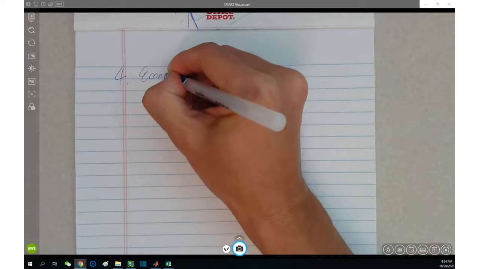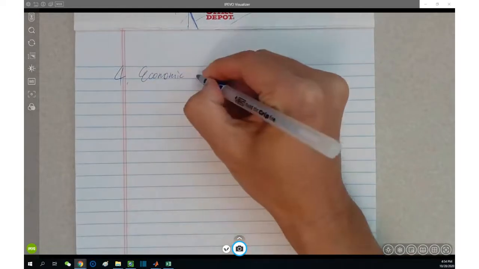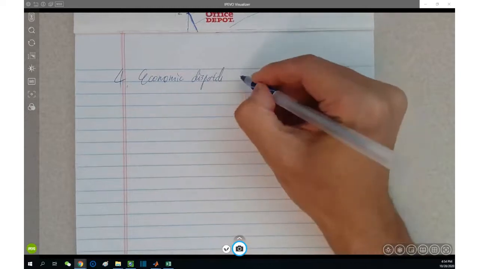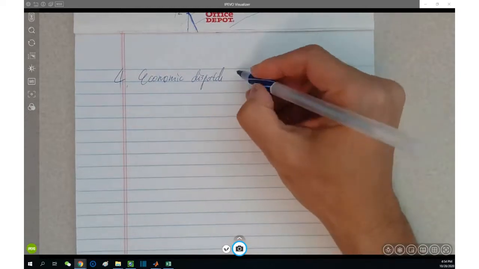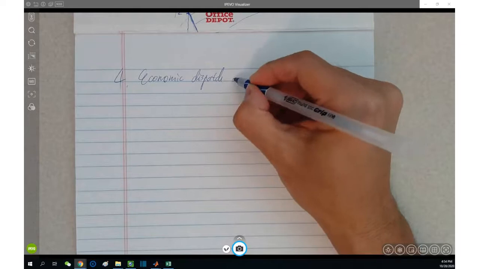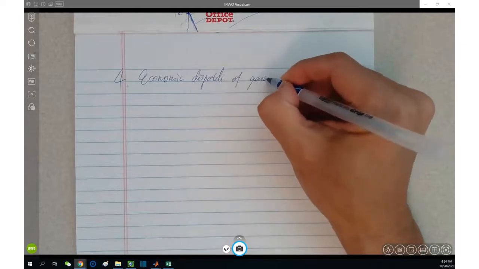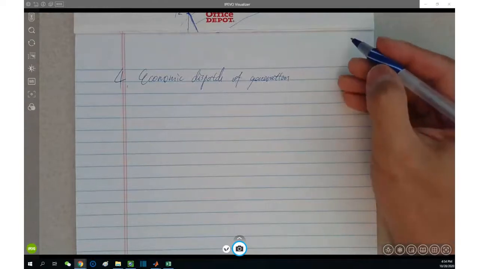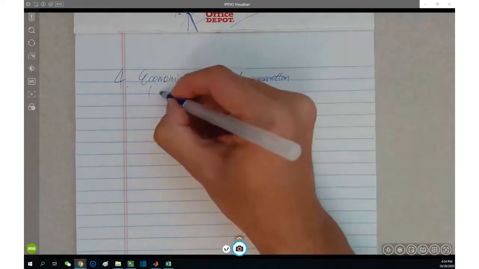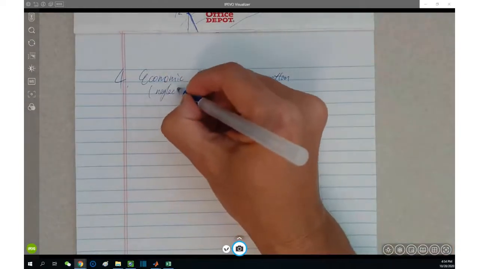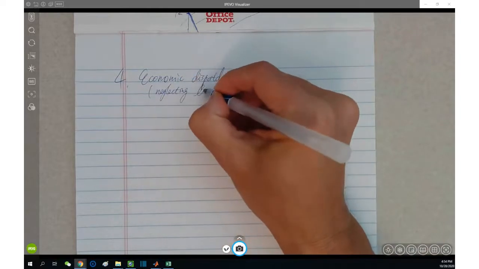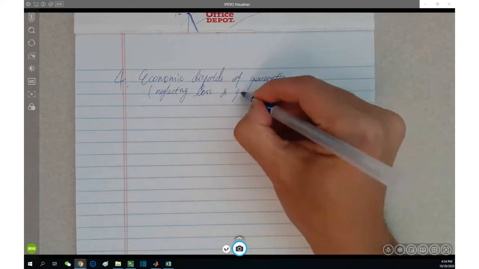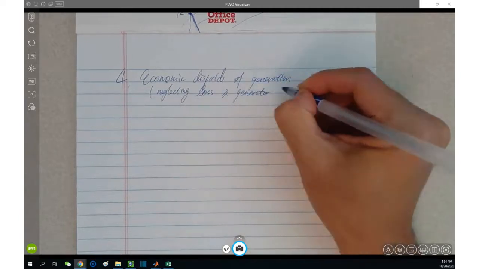Economic dispatch of generation, here neglecting loss and generator limits.